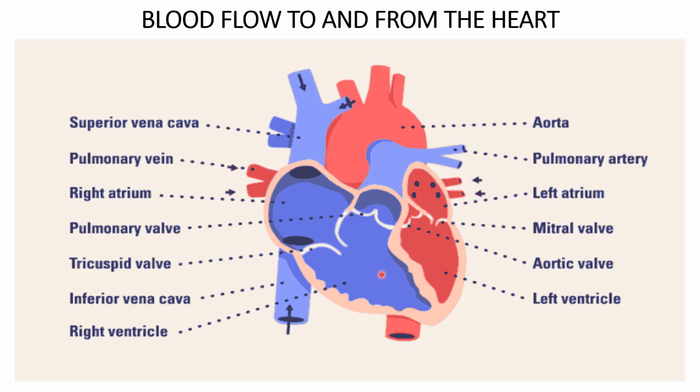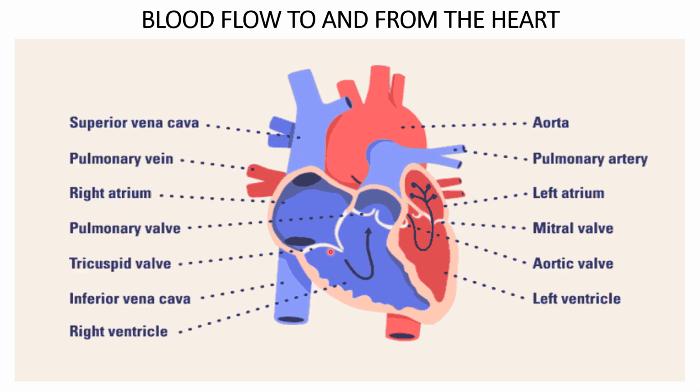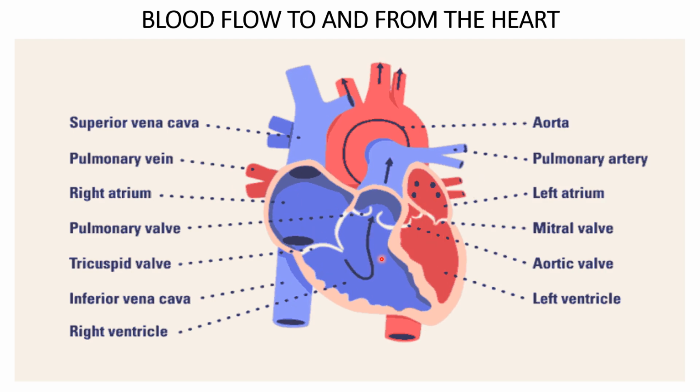Once blood is passed on to ventricles, immediately these valves, tricuspid and bicuspid valves, close so that blood cannot flow back to upper chambers or auricles.